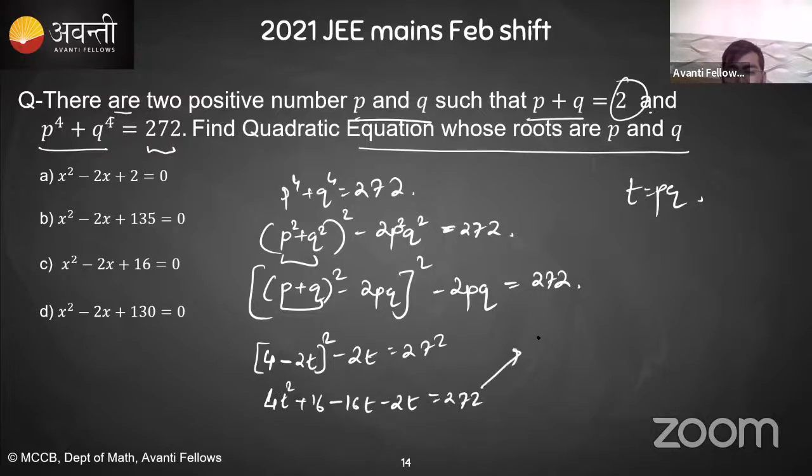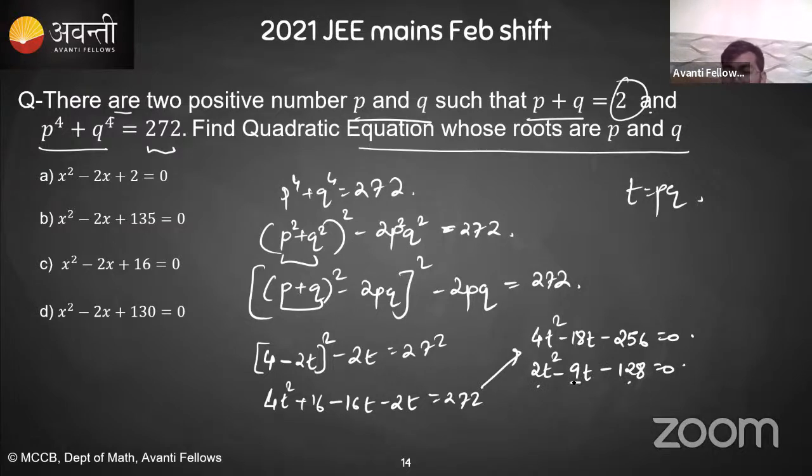So this quadratic equation will become 4t square minus 18t minus 256 equals 0. So reducing it further, we will get a quadratic with 128 equal to 0. So here you can see 128 into 2 is 256.